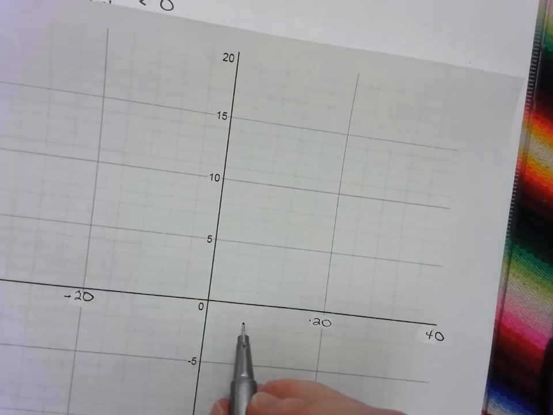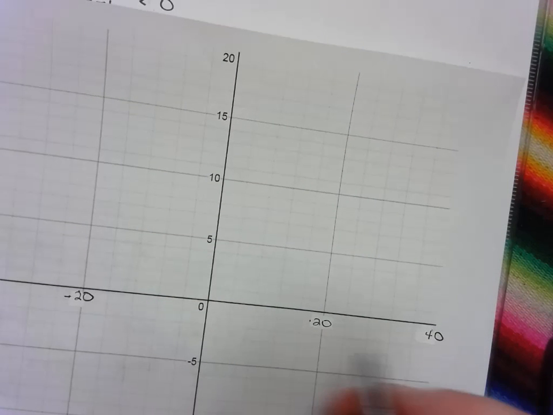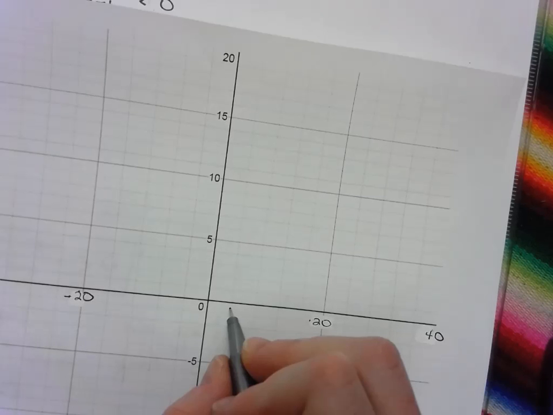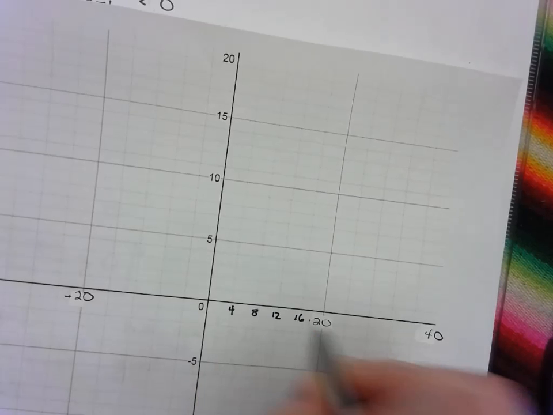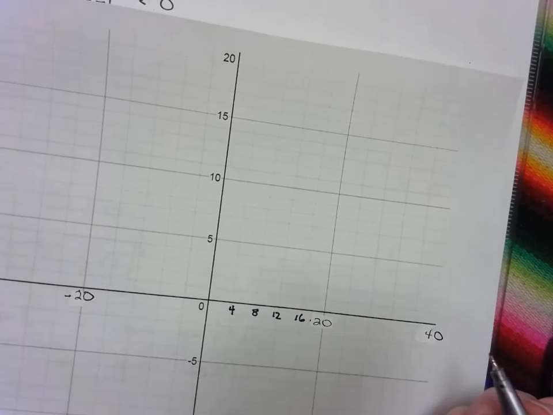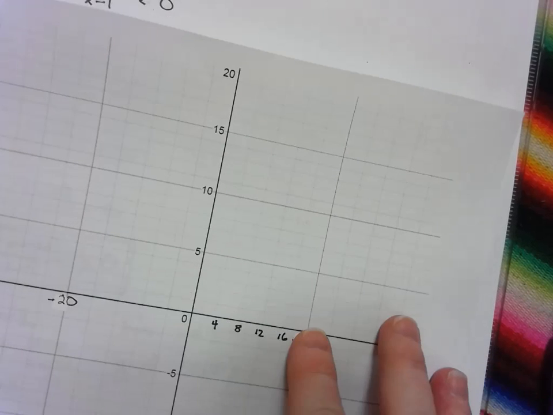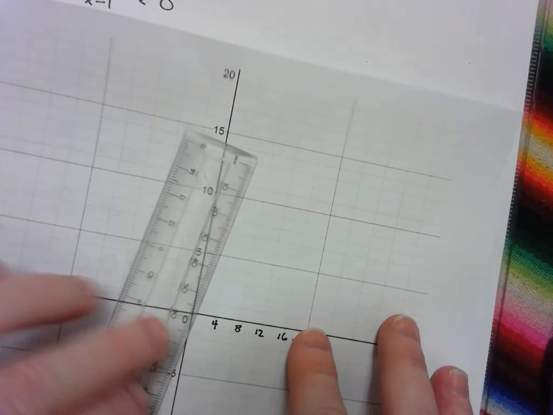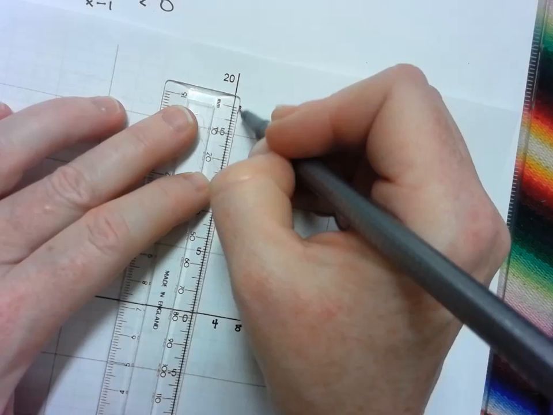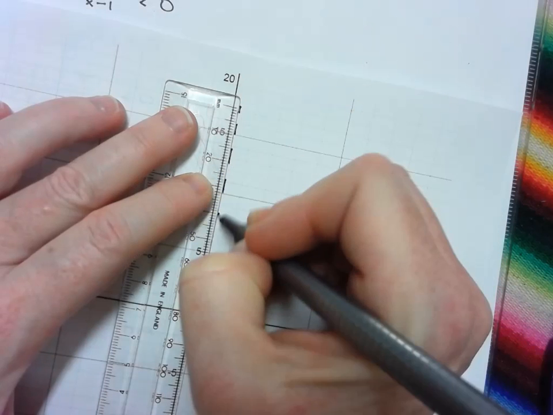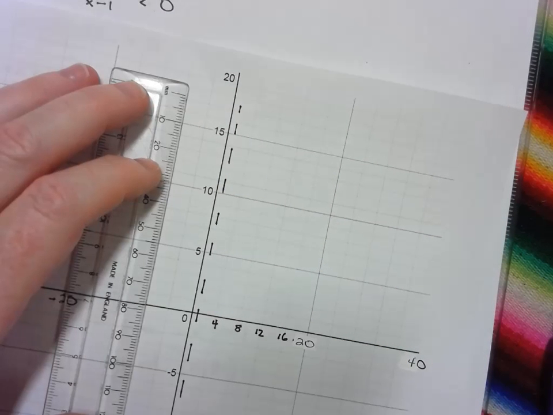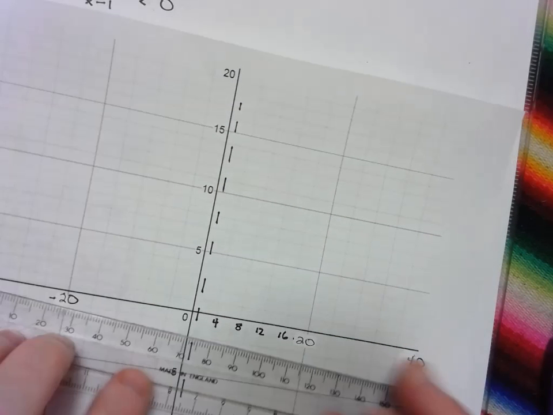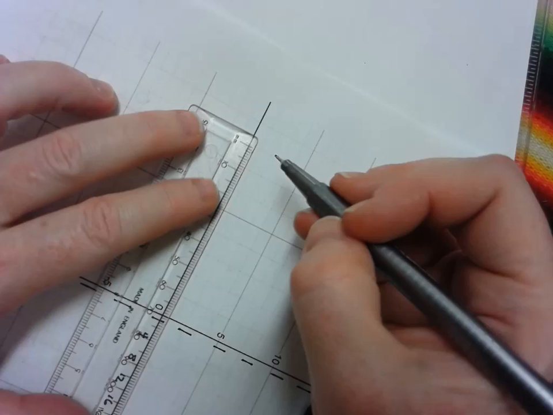So I've got 1, 2, 3, 4, 5. So we'll be going up by 4s, 4, 8, 12, 16, 20, etc. So when I graph my asymptote at x equals 1, it's pretty close. These are some ugly numbers. And then I'm going to graph the horizontal asymptote at y equals 1.